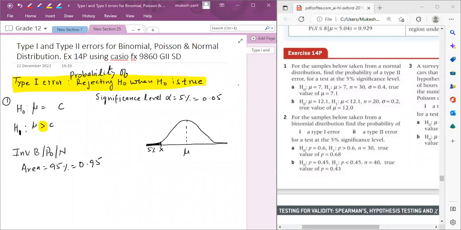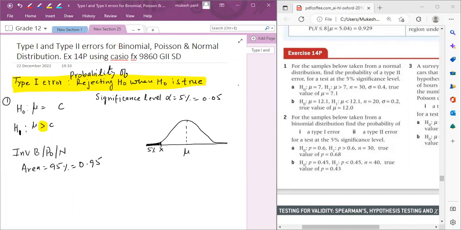What is required in inverse binomial or Poisson and normal distribution? We need to write the value of the area. If it is greater than, this 5% is this one, and the rest of the portion is 95%. It means we are looking for the 95%. So in that case, you will write area equals 95% or 0.95.